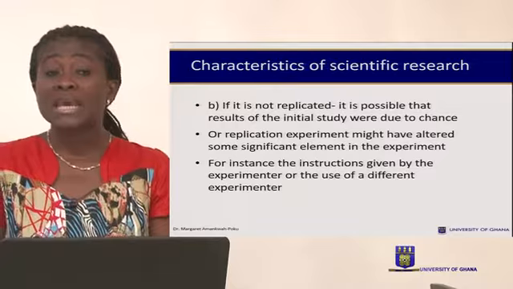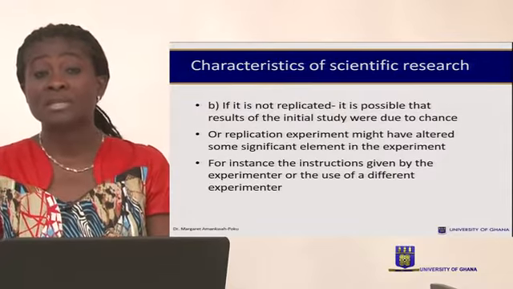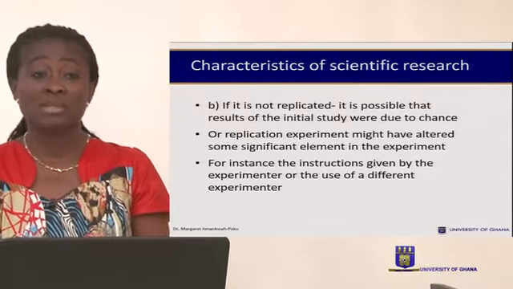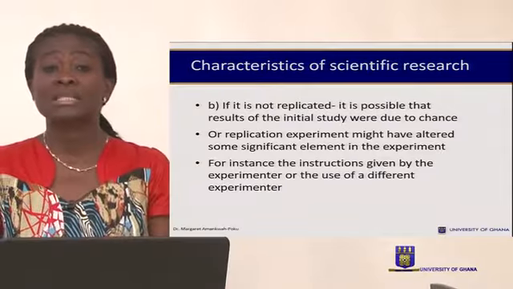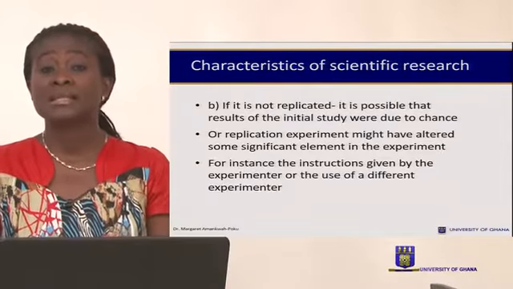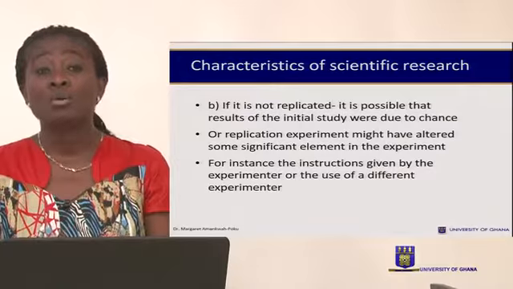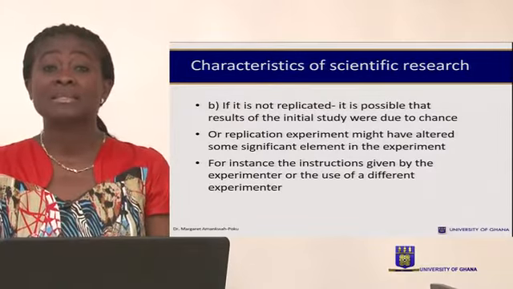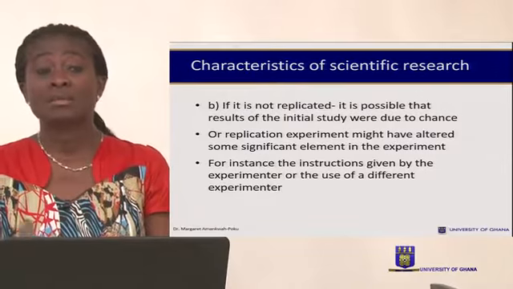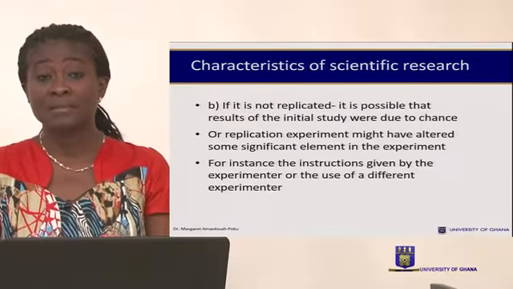Now, if we don't obtain the same results, so if the results are not replicated, there are two possibilities. It is possible that perhaps in replicating this experiment, we may have altered certain significant elements in the experiment that has altered the outcome of the study.